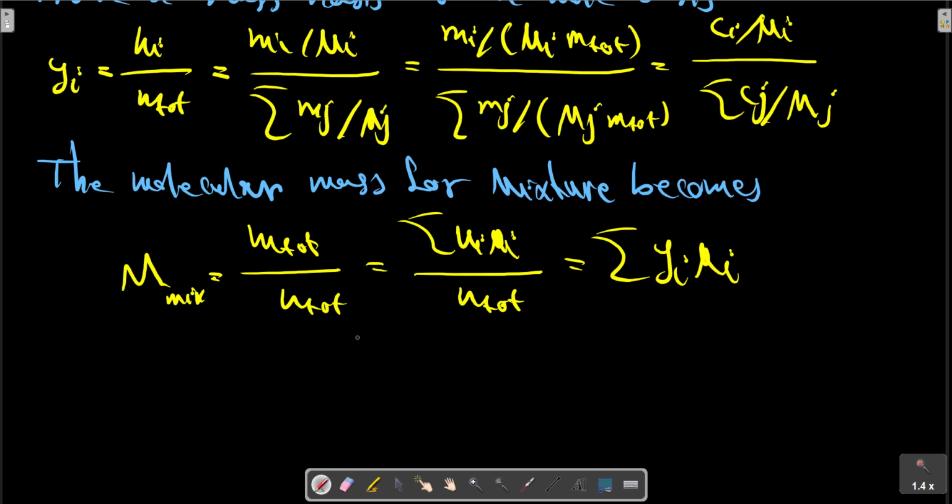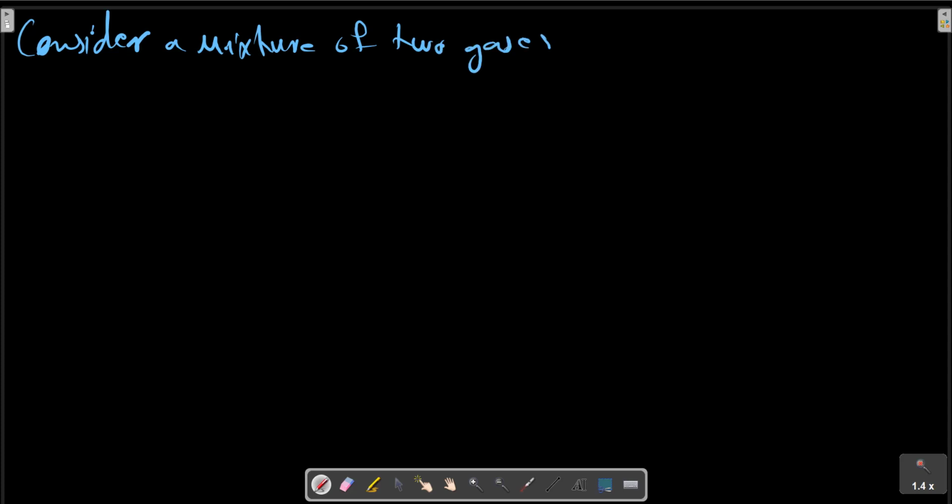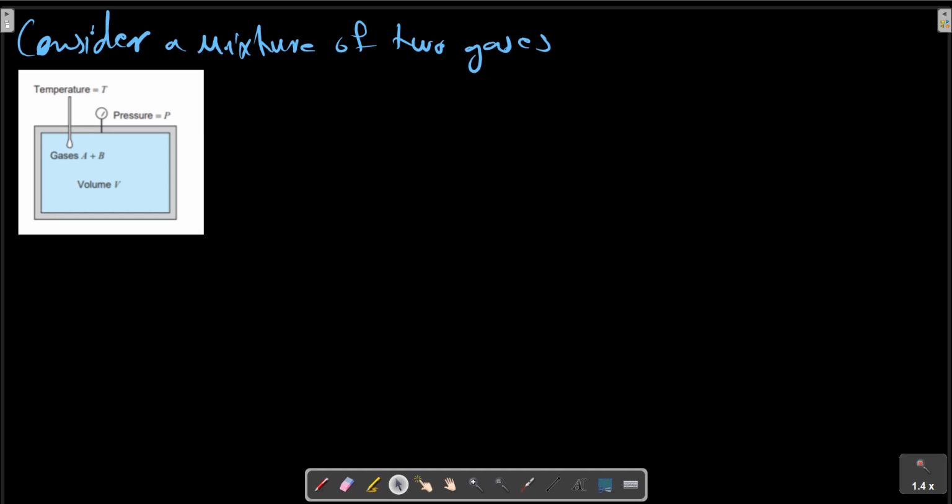Consider a mixture of two gases, not necessarily ideal gas, such as that shown in this picture. What properties can be experimentally measured for such a mixture?